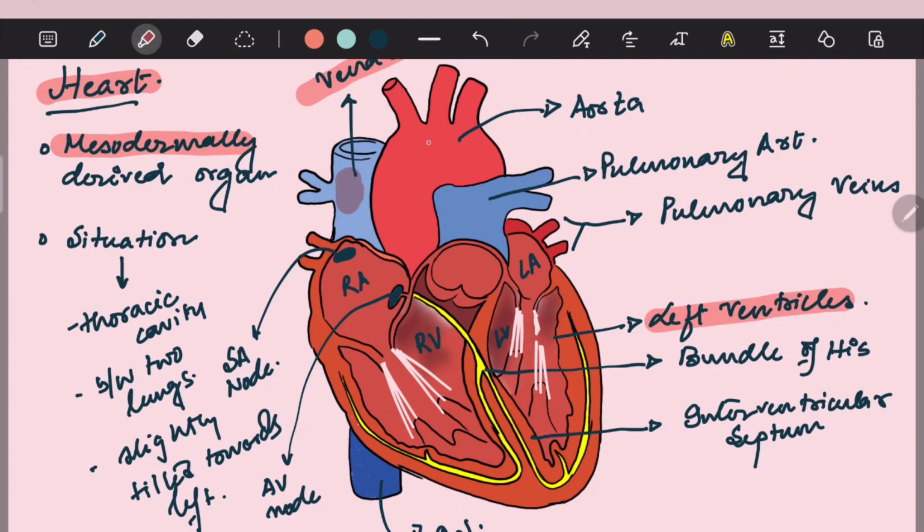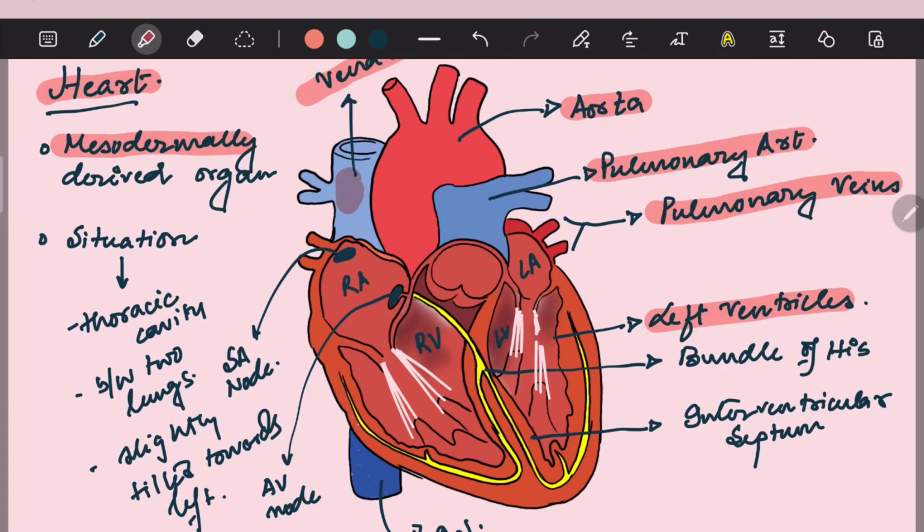Now, this red structure is known as the aorta, and this structure is known as the pulmonary artery, which extends from the right ventricle itself. Now, these are the pulmonary veins which bring oxygenated blood from the lungs to the left atrium.